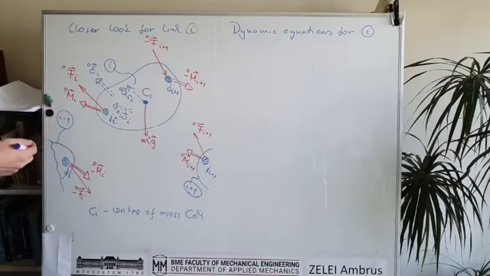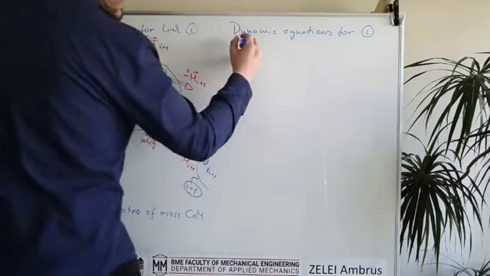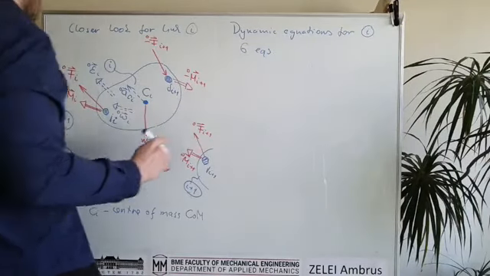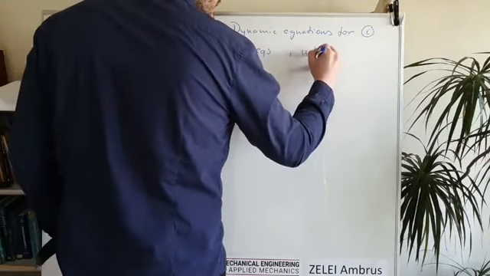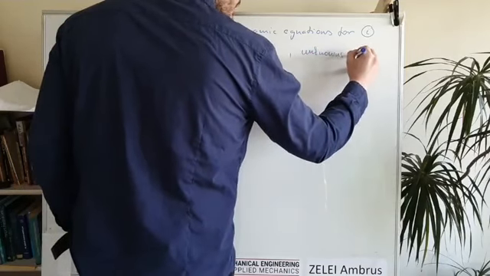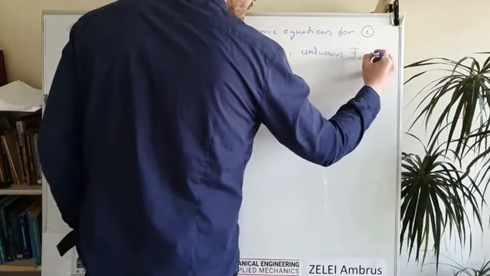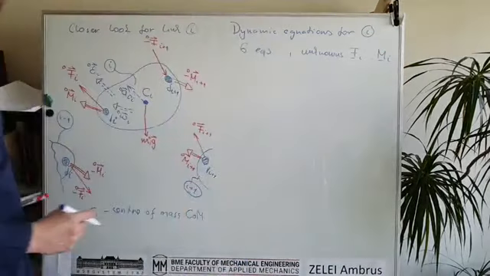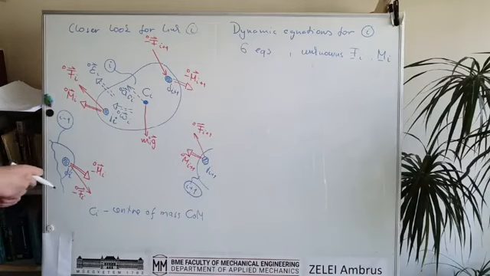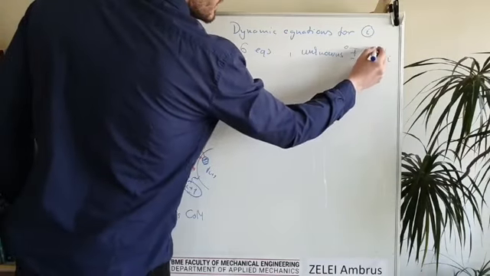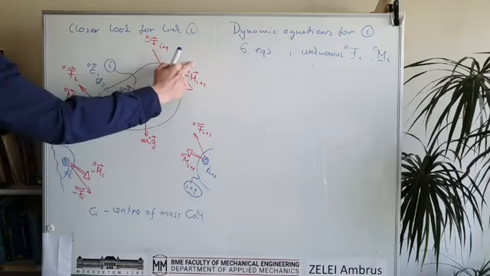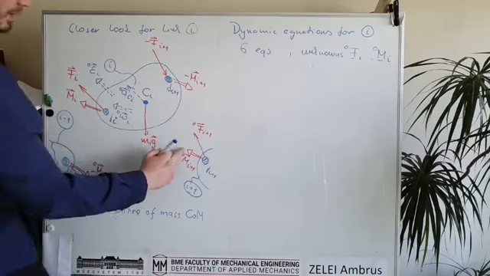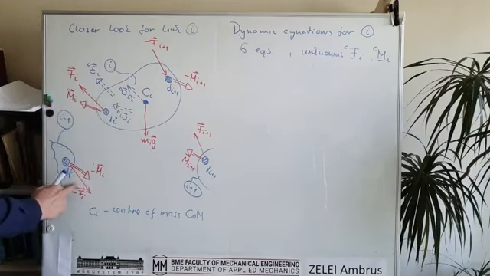There are 6 scalar equations, and there are 6 unknowns, the 3 components of Fi and the 3 components of Mi, and they are given in the global frame. Actually these are just vectors, so we don't have to show that they will be represented in the global frame, that's not so important here. Sorry for that.